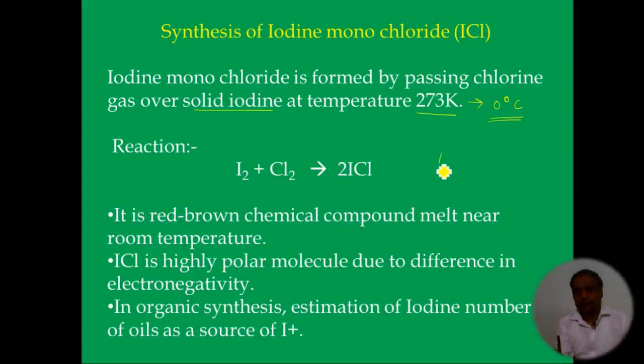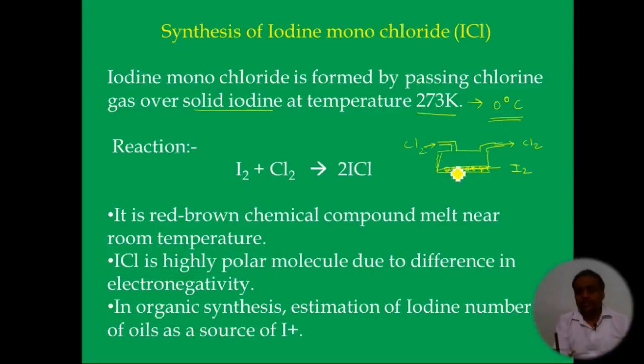For example, if this is a reaction vessel, from this you are going to inlet the chlorine gas, and from this place you are going to take it out, Cl2, and here you have ingots or small pellets of iodine, solid iodine.